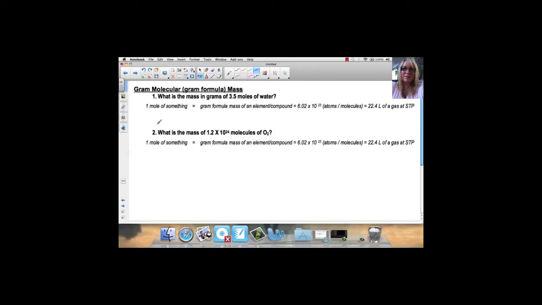What is the mass in grams of 3.5 moles of water? There's 2 ways that you can do this. First, you can simply plug and chug into the formula. Moles equals given mass over GFM. And you have 3.5 moles of water. You don't know the given mass, but you can find the GFM of water, H2O.